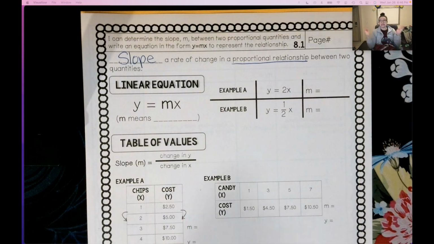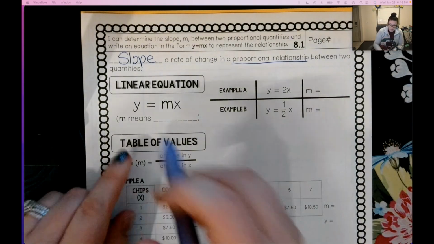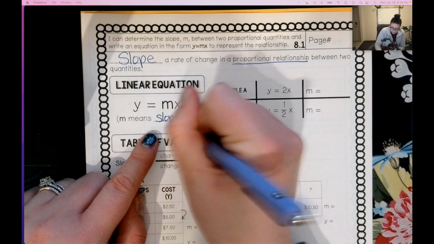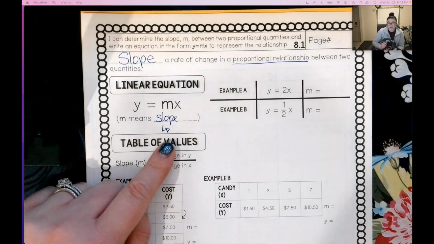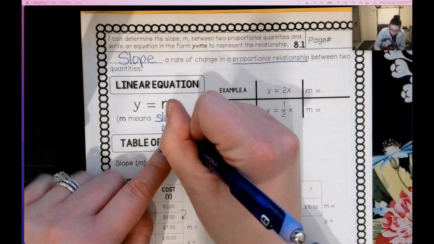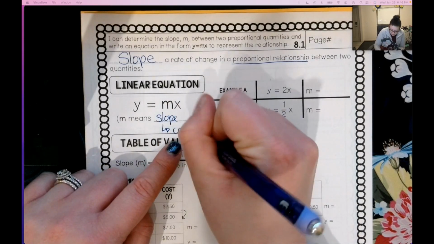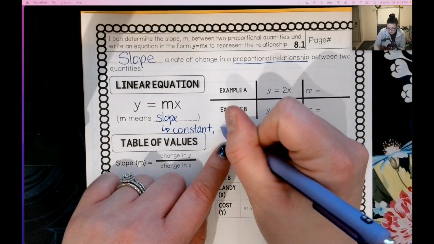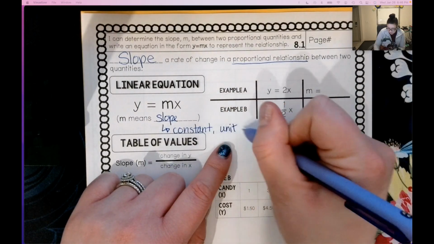We have a lot of words for slope. Again, in my equation, my m means that is my slope. But other words we have for it are the constant. Sometimes we call it a unit rate.